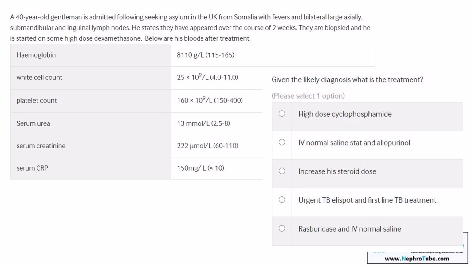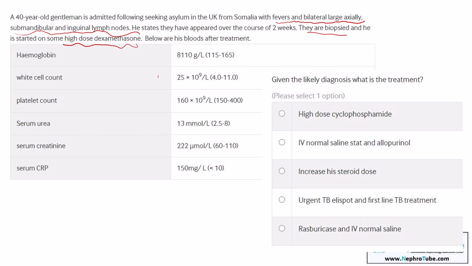Okay, this is a case of a 40-year-old gentleman from Somalia who has fever and bilateral large axillary, submandibular, and inguinal lymph nodes. They are biopsied, and he is started on treatment, high-dose dexamethasone.